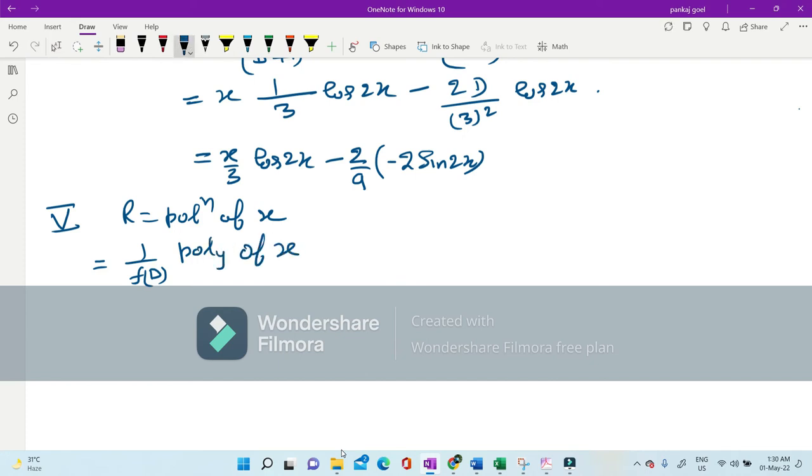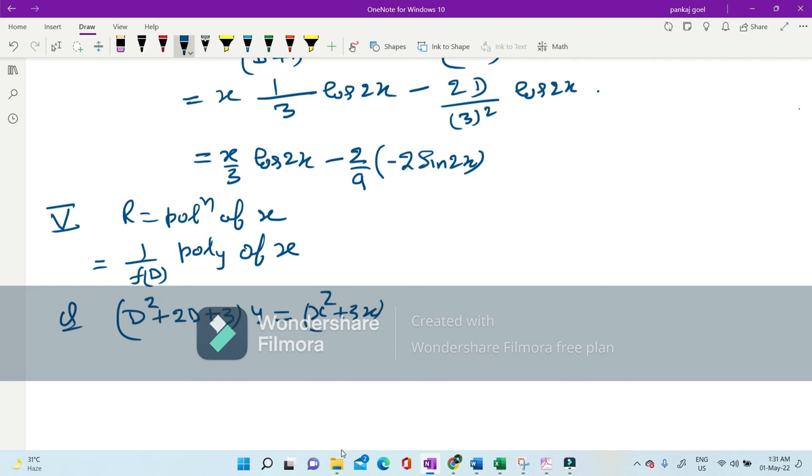We will demonstrate this with an example. First, I take the example. Let us suppose I say D square plus 2D plus 3, and this y equal to, let us suppose I say x square plus 3x. We want to solve this one.